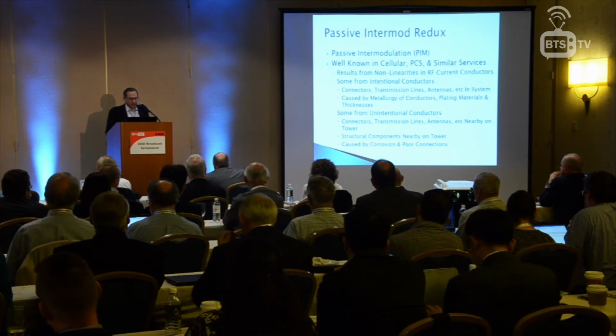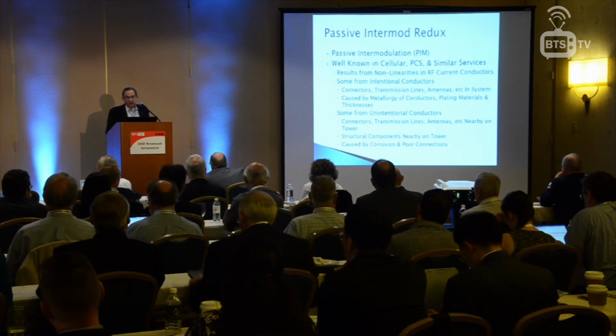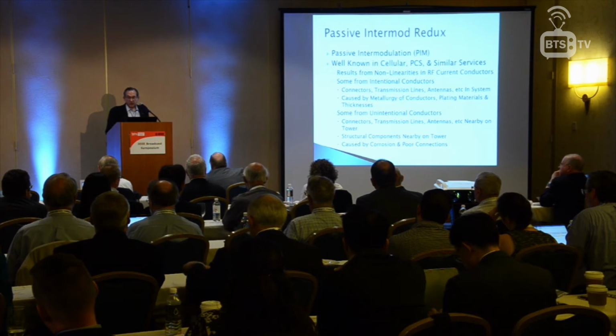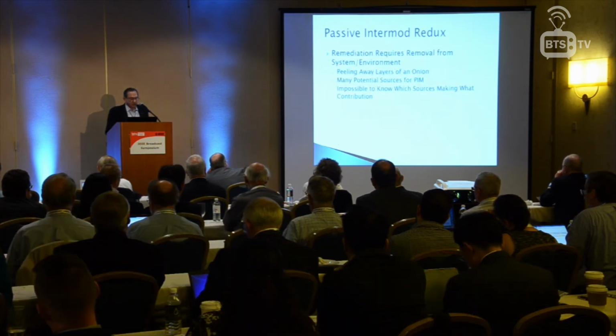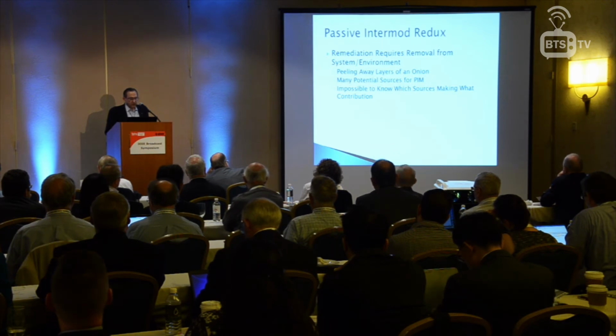And then there are unintentional conductors like connectors and transmission lines and antennas and stuff that are nearby on the tower or near to the tower. You can have, for instance, chain link fencing that's gotten rusty. A lot of the problems with PIM are caused by rust and corrosion in the environment. And we'll see that in just a second.